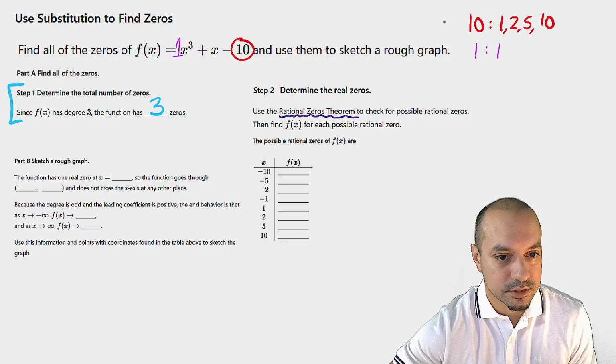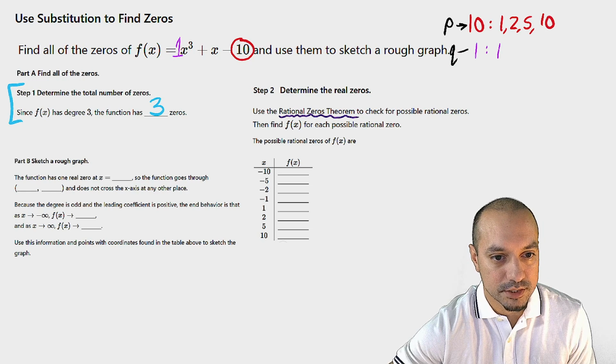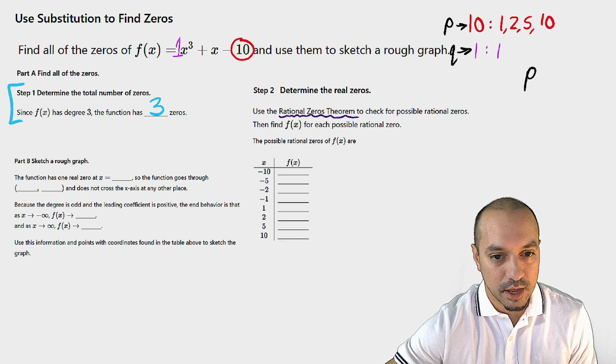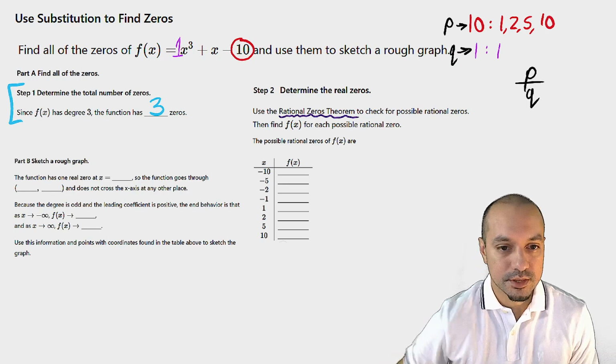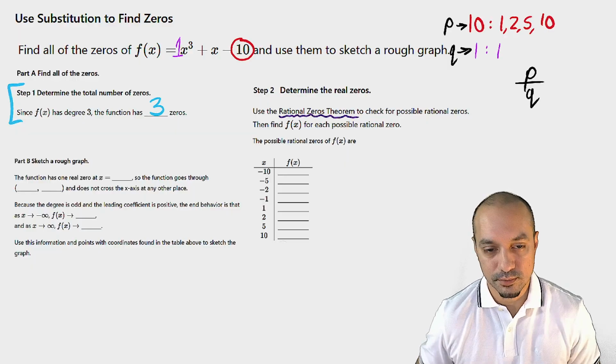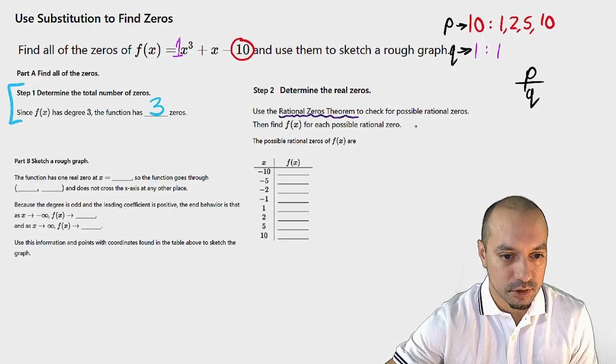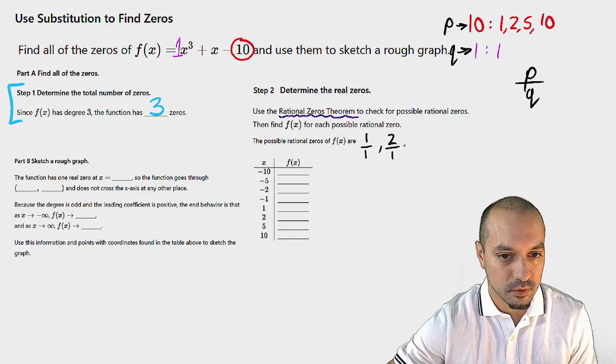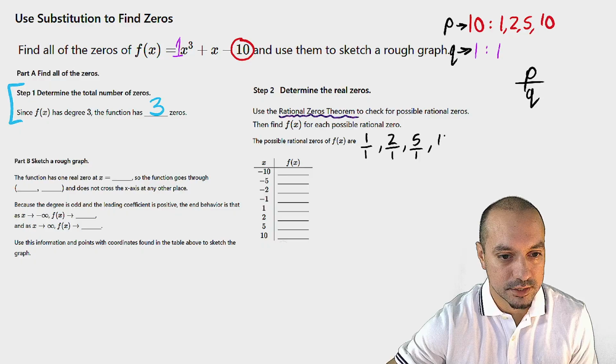And then we set them up in all possible combinations as P over Q. In this case, we're not going to end up with a lot of combinations because the 1 really simplifies things. So setting up P over Q, we end up with 1 over 1, 2 over 1, 5 over 1, and 10 over 1.